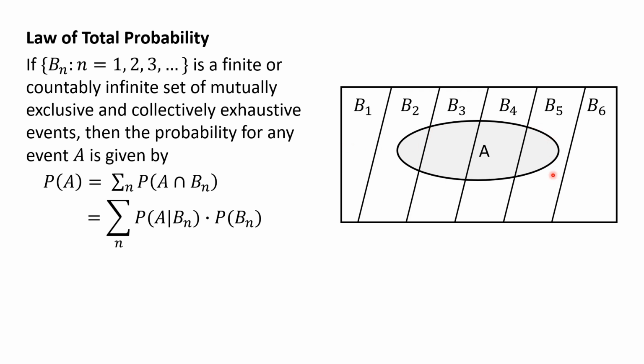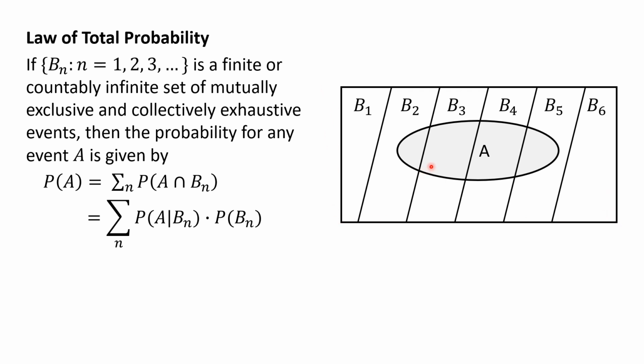You have an event A, and if you don't know what A is, but you do know the probability of A intersected with B2 and B3 and B4 and B5, then you can just add those up and get the probability of A. That's why it's called the law of total probability. You're breaking it up into pieces using some set of events that in total equals the entire space, which is represented by this rectangle here.